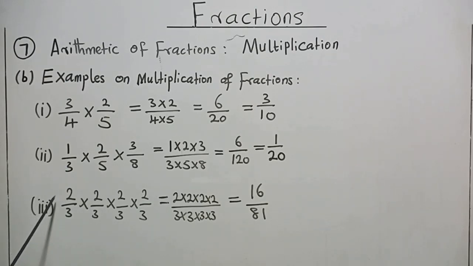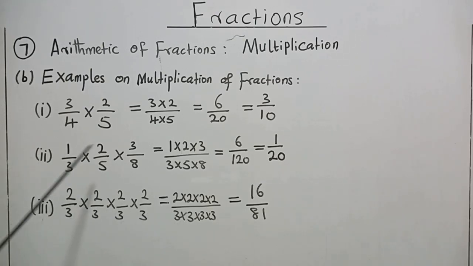Therefore, here, to get this done, we multiply the numerators to form the numerator of the answer. We come back to multiply denominators to form the denominator of the answer. That takes us to 2 times 2 times 2 times 2, see it. And then we have 3 times 3 times 3 times 3, see it here.